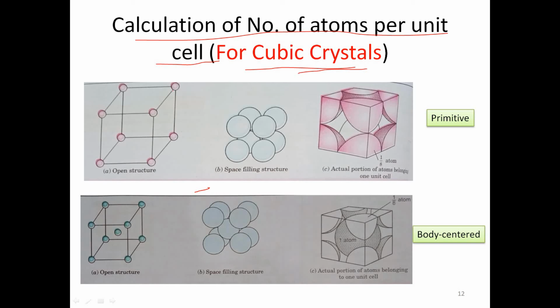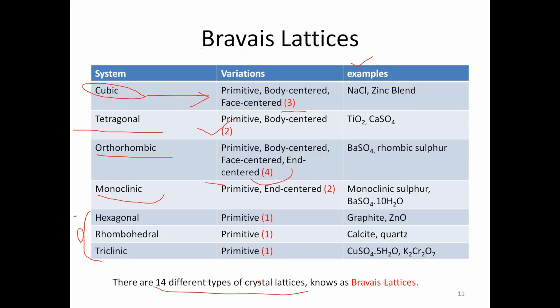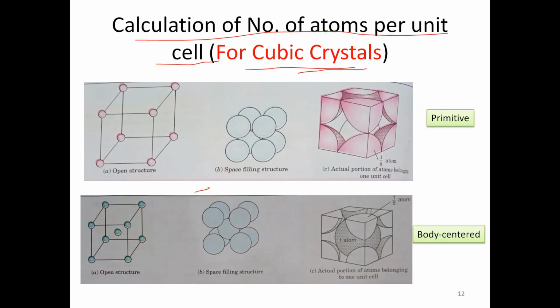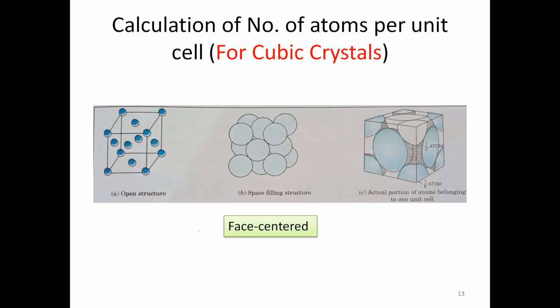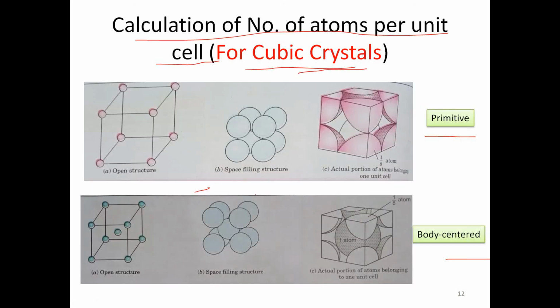Before starting the calculations, I would like to show you some figures of 3 different cubic unit cells. For the cubic system there are three variations: this is primitive, this is body-centered, and this is face-centered.